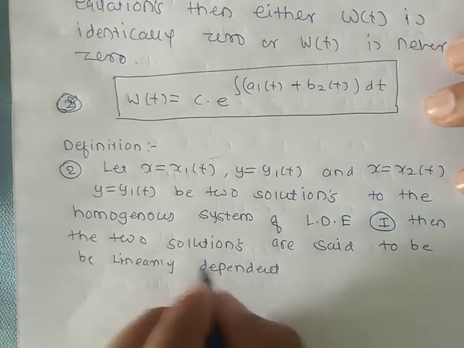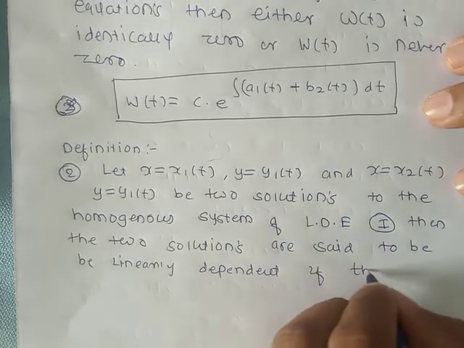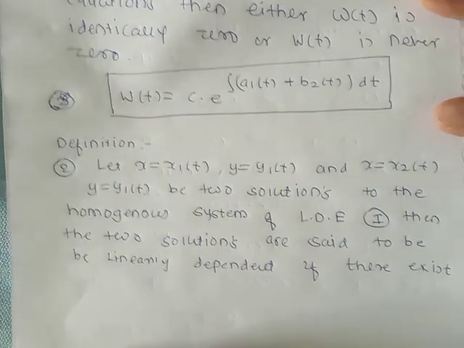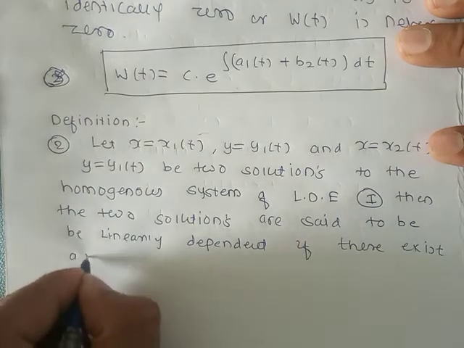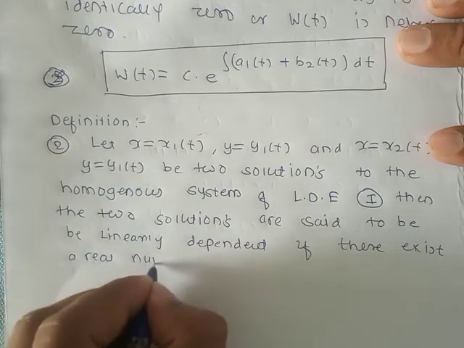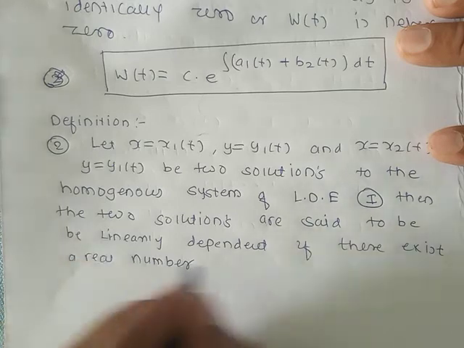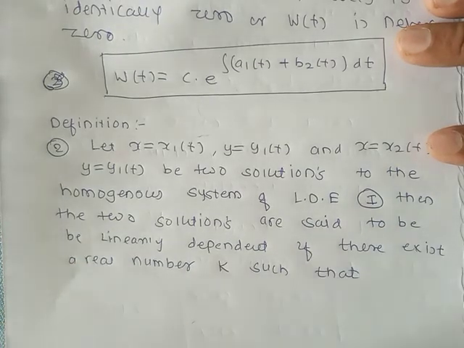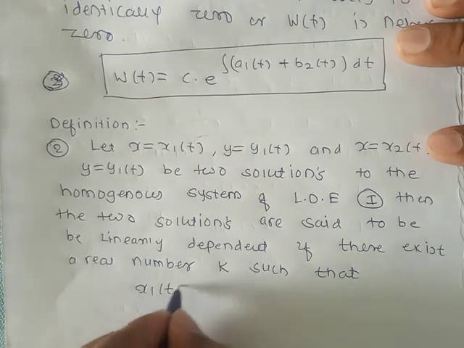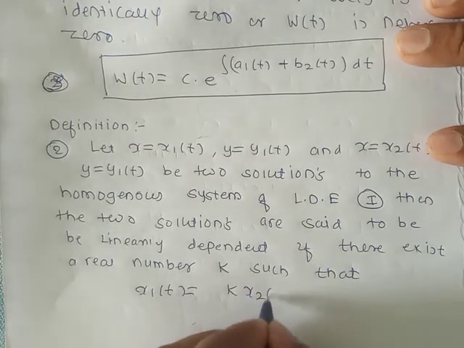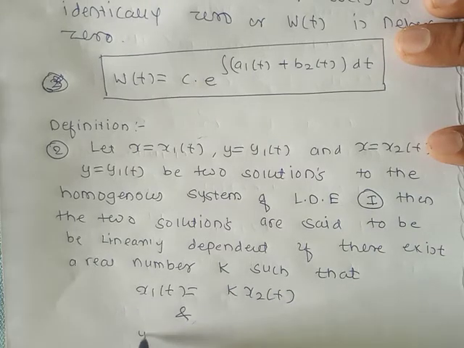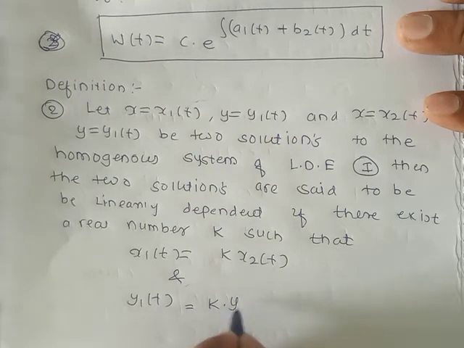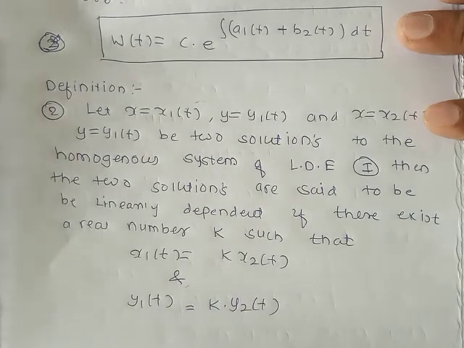if there exists a real number k such that x1 of t is equal to k into x2 of t and y1 of t is equal to k into y2 of t, or vice versa.